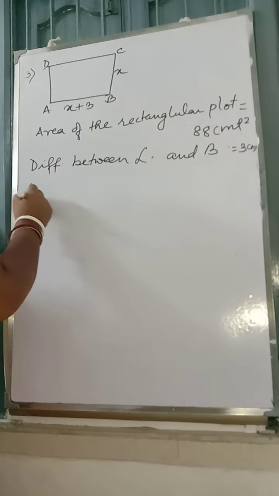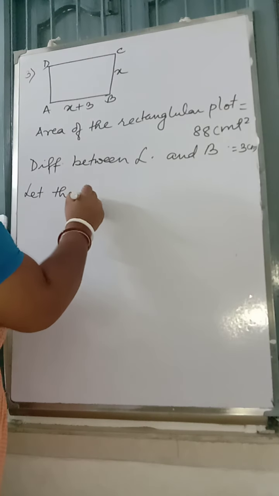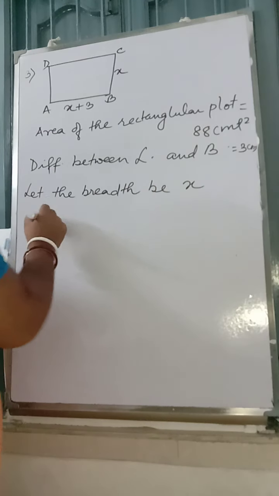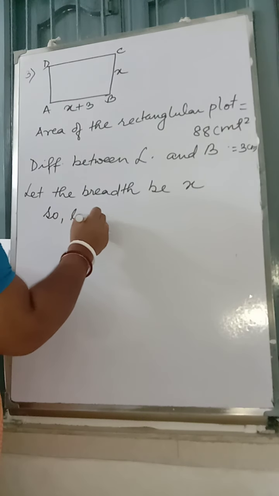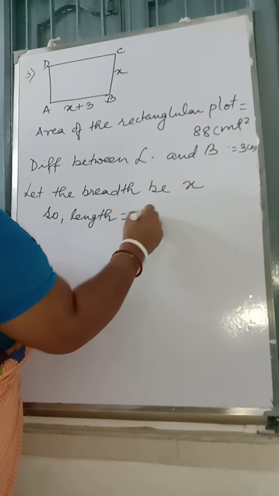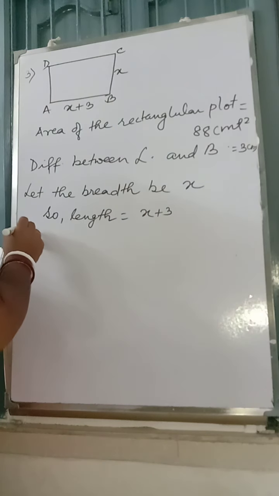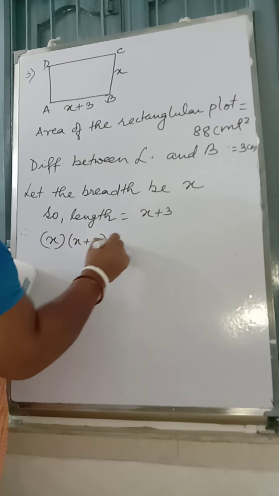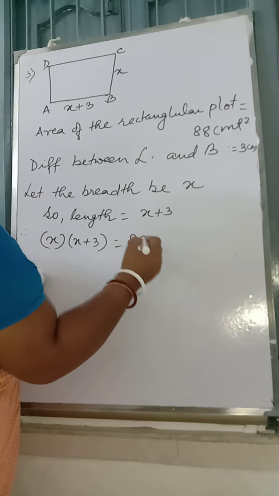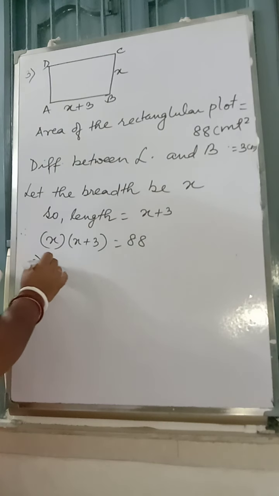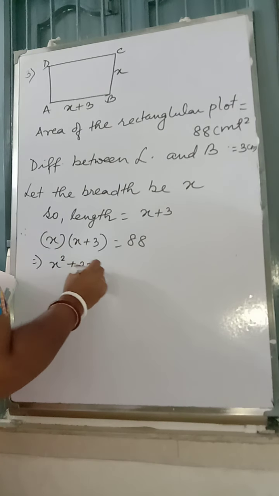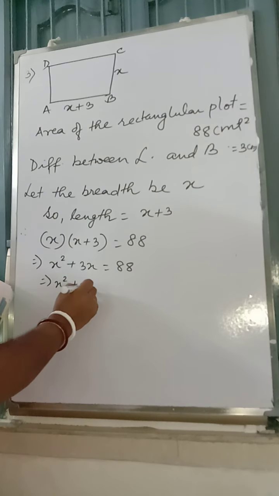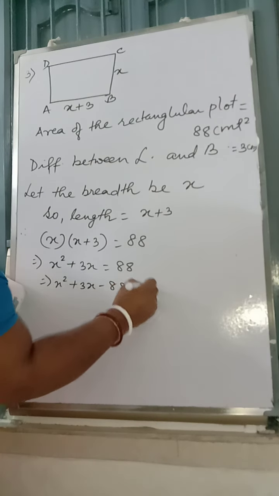Okay. Let the breadth be x. So the length would be x plus 3. Therefore, L into B is equal to 88, or x square plus 3x is equal to 88, or x square plus 3x minus 88 is equal to 0.